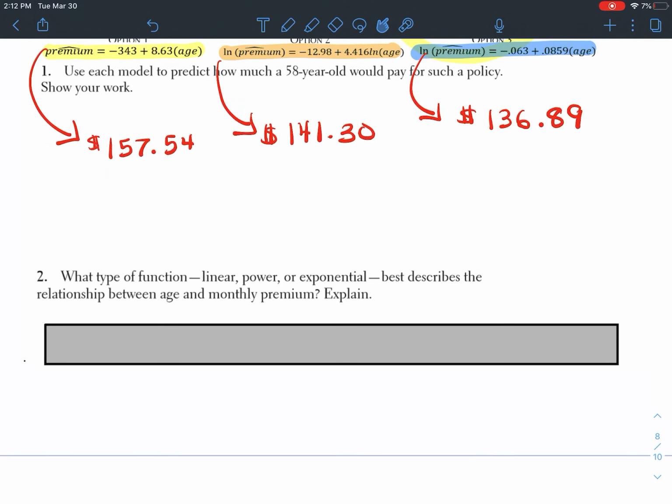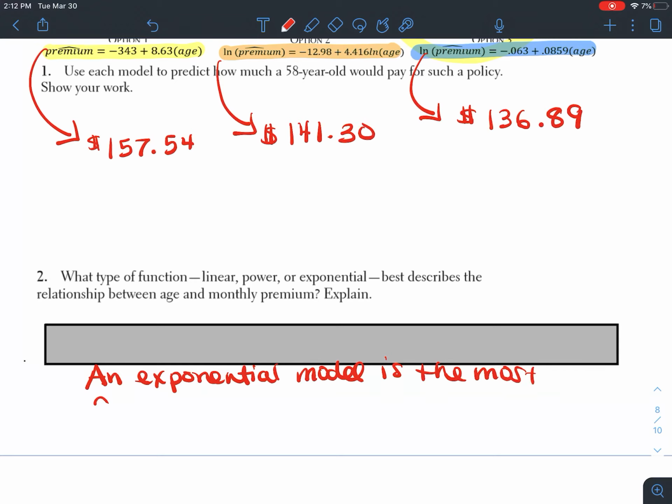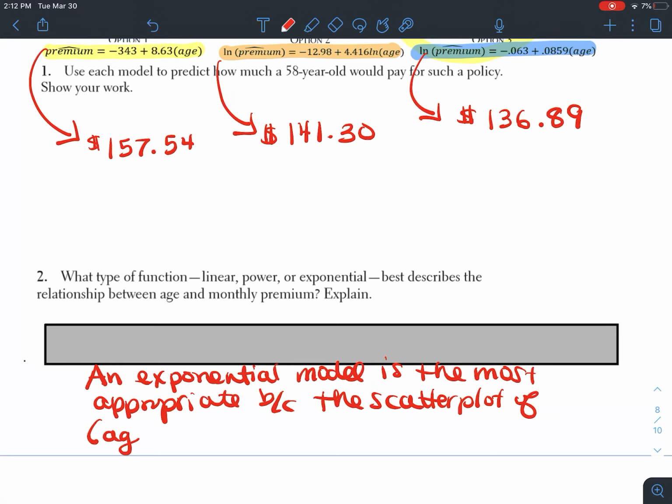So that brings us to the very last part here. It wants to know what type of function, linear, power, or exponential, is really the best to describe the relationship between that original scatter plot age and monthly premium, and we kind of already alluded to this, that an exponential model is the most appropriate because the scatter plot of, and here's my transformation, age and natural log of premium is the most linear.